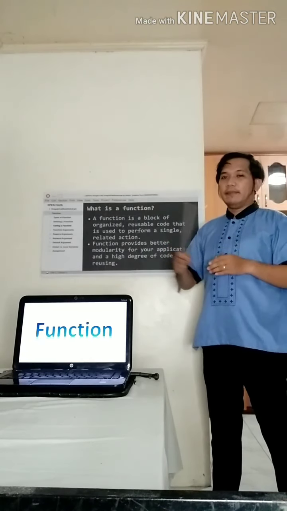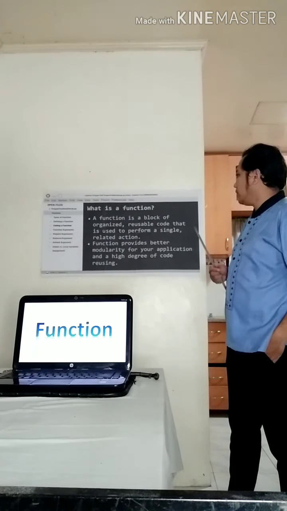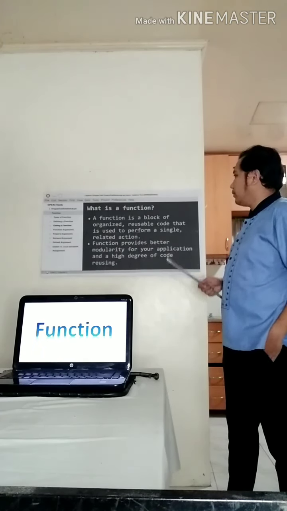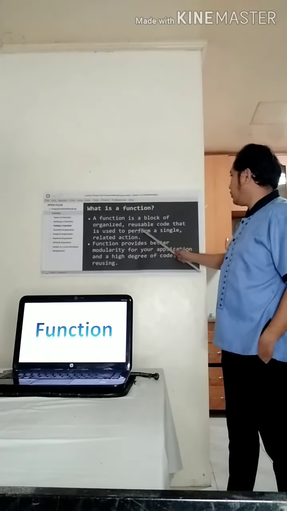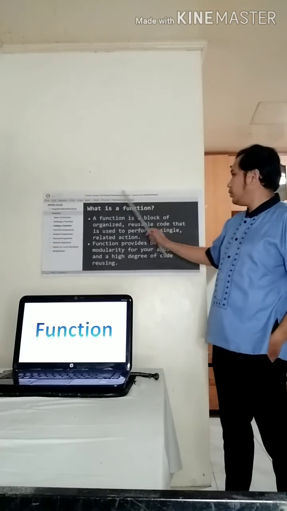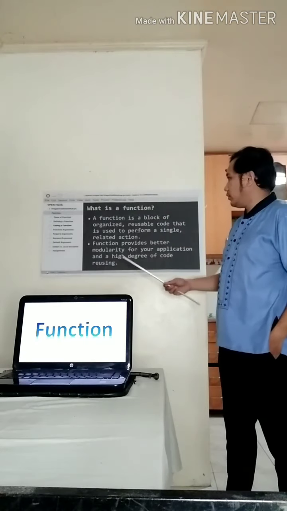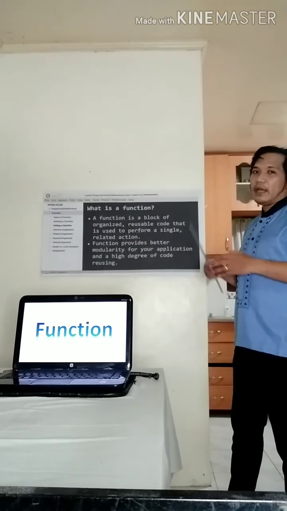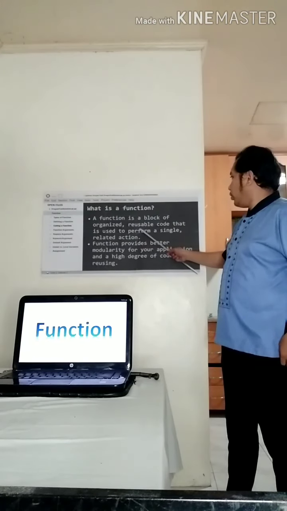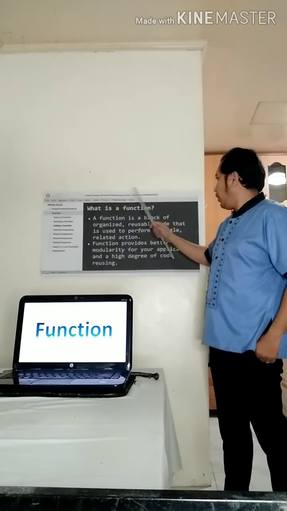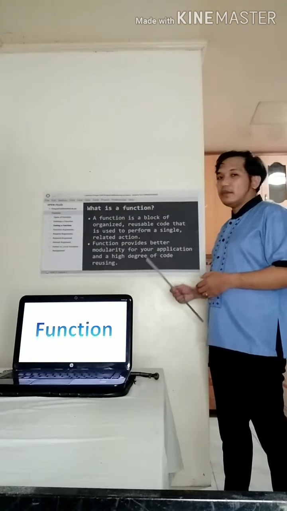Can you read it, Miss Spamming? Thank you very much. A function is a block of organized, reusable code that is used to perform a single related action. Further in our lesson, we will get to know more about the meaning of this: organized, reusable, and performs a related action.